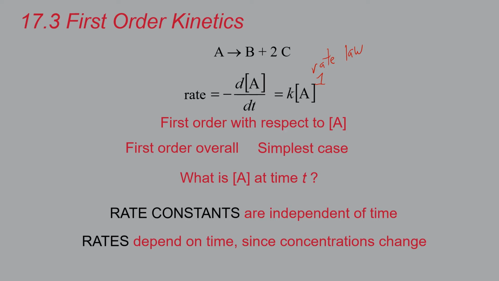So figuring out the concentration after an hour has passed is a little more complicated than you might initially think because the rate is not constant throughout that hour. It's continually slowing down as the concentration of A goes down. And it turns out that you need calculus to actually do this. Now, once you've got the calculus, it's actually quite trivial. But for this class, I just give you the answer.